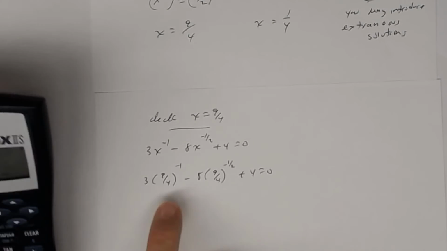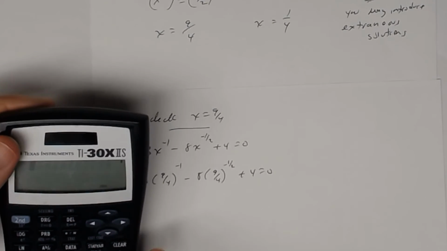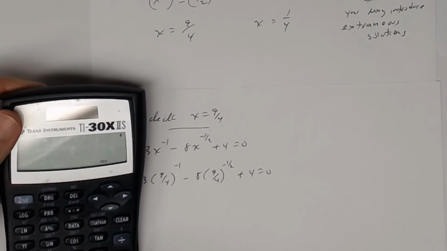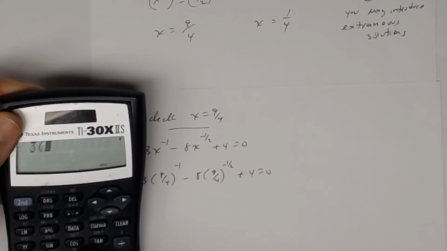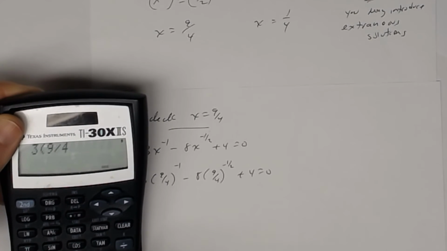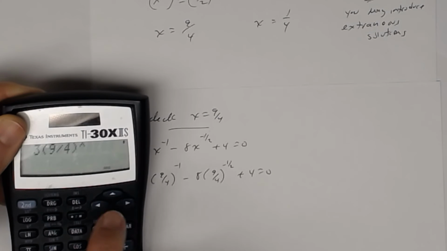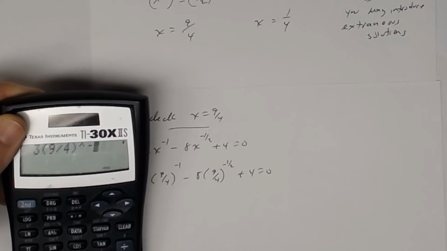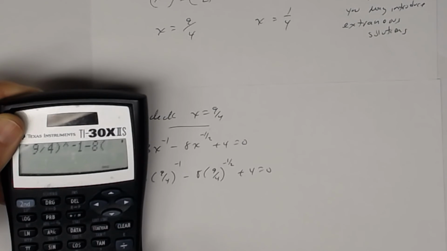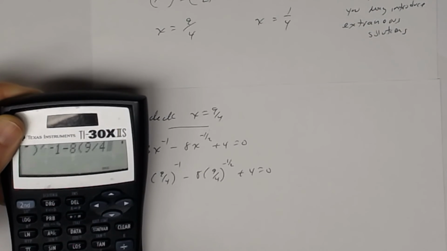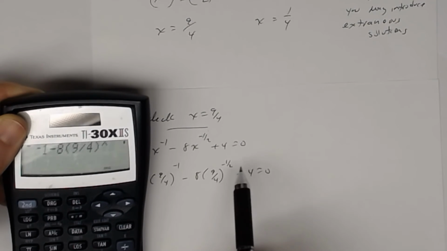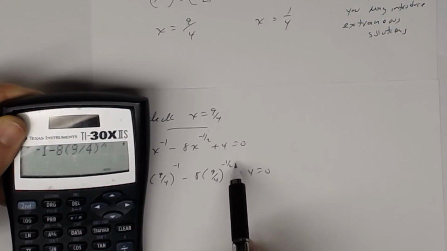So use your calculator carefully now. That's important. Make sure you use your calculator as it should be used. So 3 times 9 divided by 4, notice I put parentheses there, raised to the -1, just like that. Minus 8 times, parentheses, 9 divided by 4, close the parentheses, raised to... Now this time, I have to use parentheses because that's a fraction.